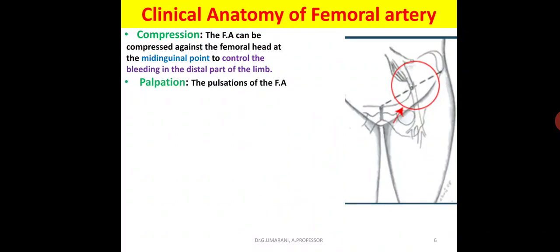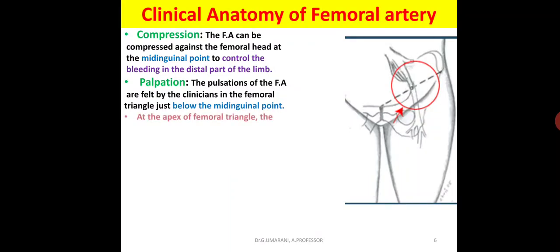Next is palpation. The pulsations of the femoral artery are felt in the femoral triangle, because it lies just below the mid-inguinal point. Another important clinical aspect is that at the apex of the femoral triangle, the vessels are arranged one behind the other.